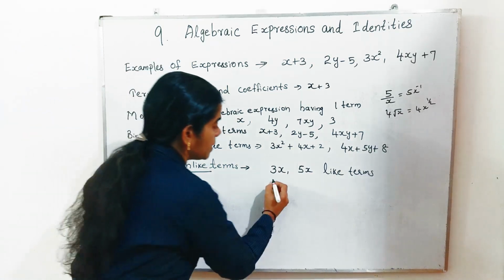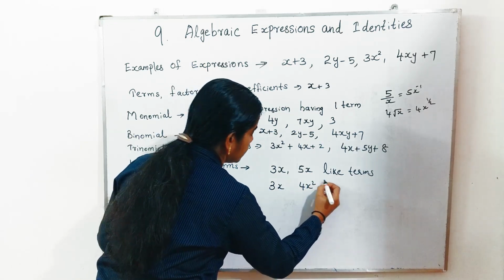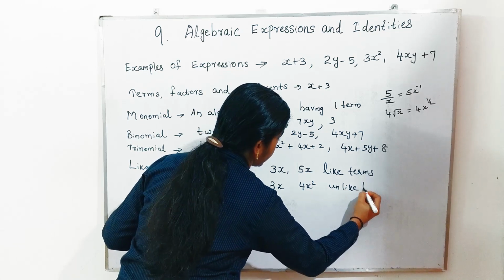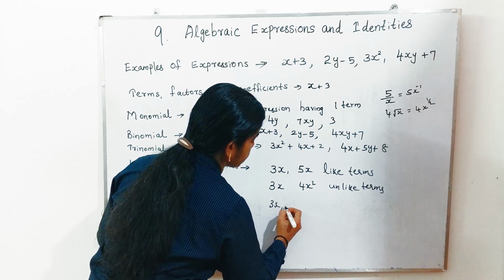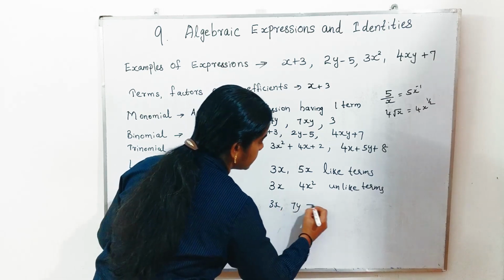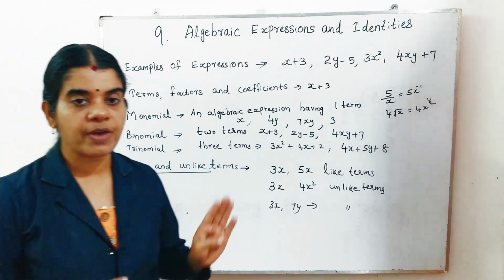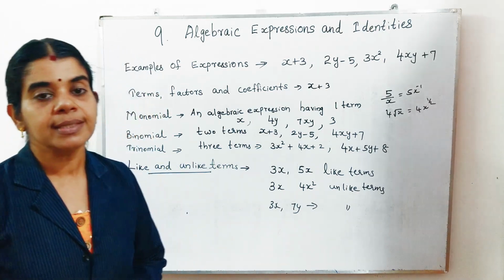If you are writing 3x and 4x square, these are unlike terms. If you are writing 3x and 7y, these are also unlike terms. Like terms mean the variable will be the same and the power of the variable will also be the same.